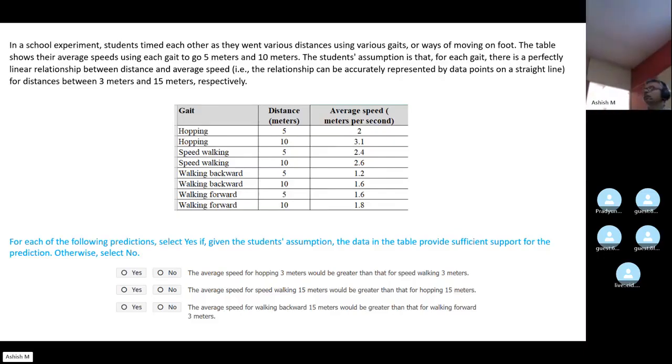Guys, are you done reading the question statement at least? In this entire write-up, which statement do you think is the most important?